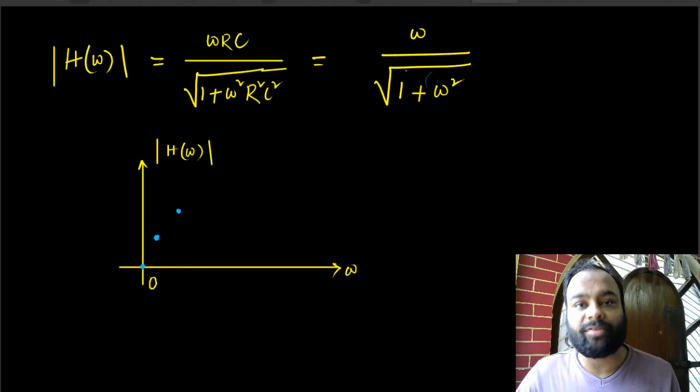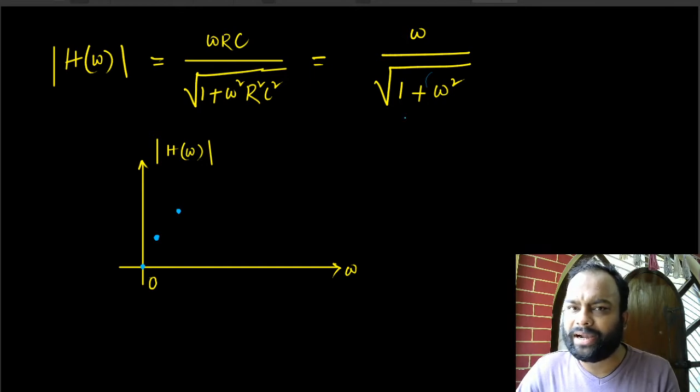now as omega becomes very, very large, then what happens? Say for example omega becomes 10, then we have 1 plus 10 square, so 1 plus 100, so 101. What is the square root? The square root of 101 is almost 10, right?